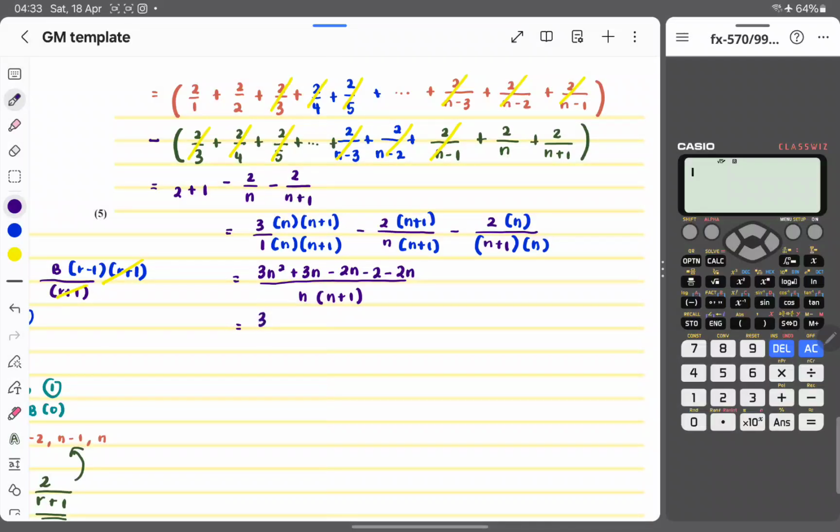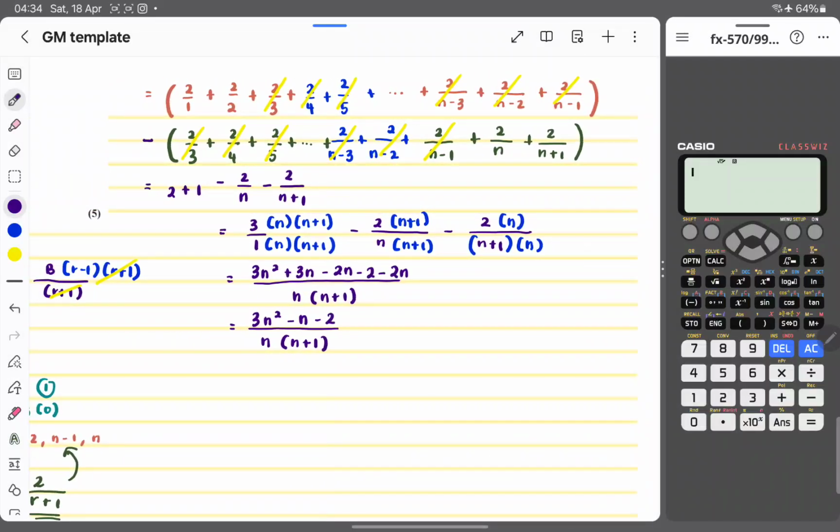Okay, so here it will be 3n squared minus 3n minus 2n minus, okay, that will be minus n minus 2 over n plus 1. Next, we have to factor our numerator.